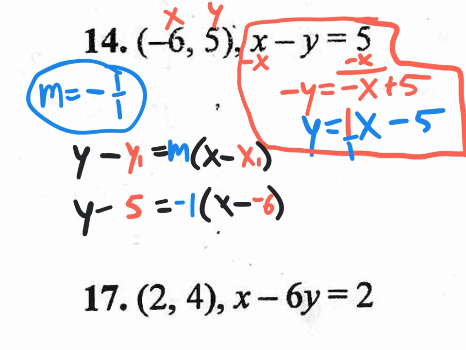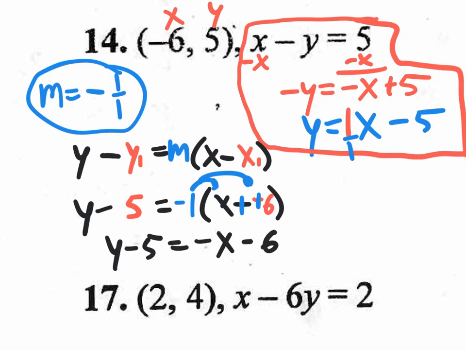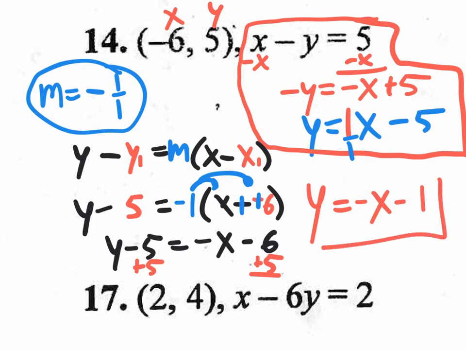So let's distribute the negative 1. It'll change those signs on the inside. First of all, before distributing, do minus minus, change it to plus plus. So you're really going to have the equation y minus 5 equals negative 1 times x plus 6. And final step would be to add 5 to both sides. So you get y equals negative x plus 1. And that's your slope-intercept form equation.